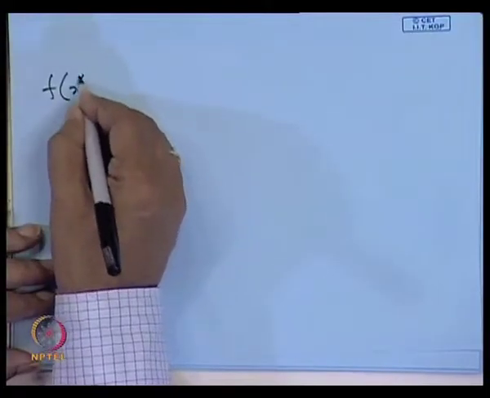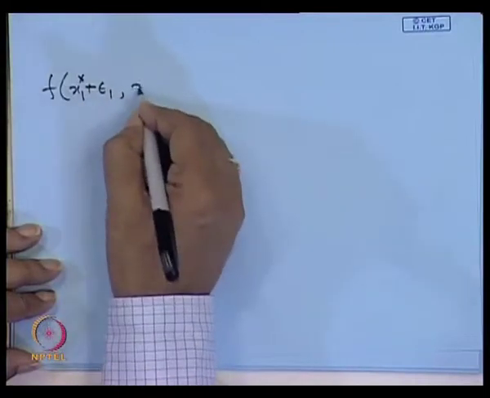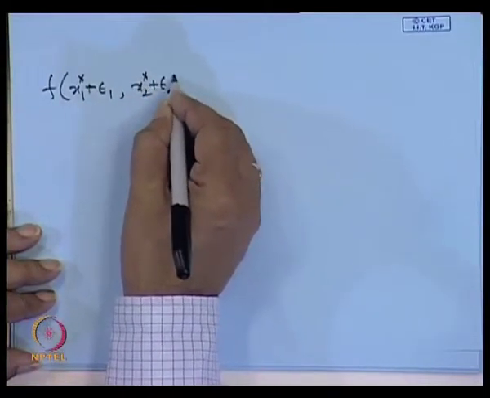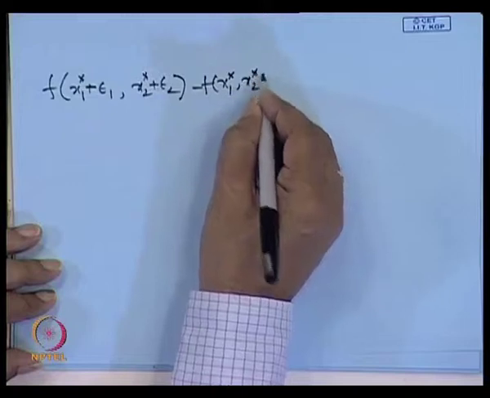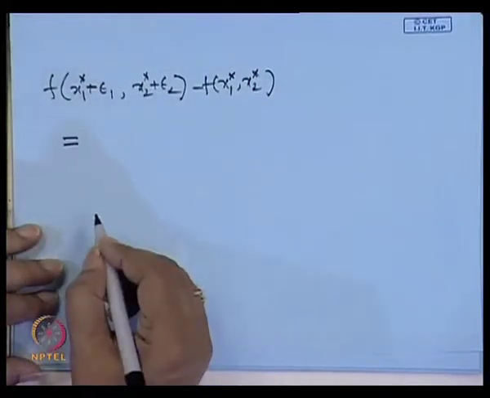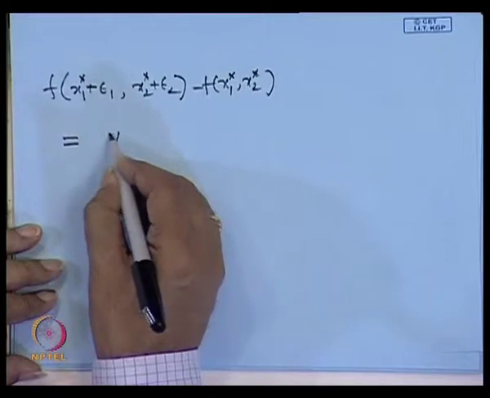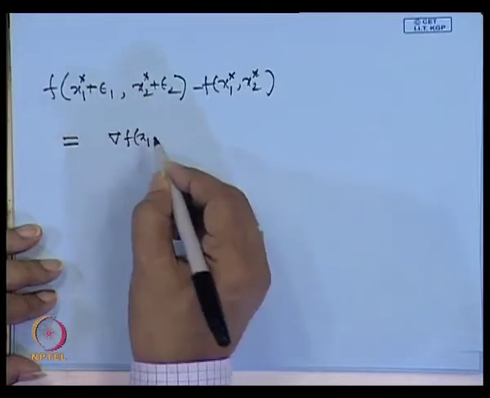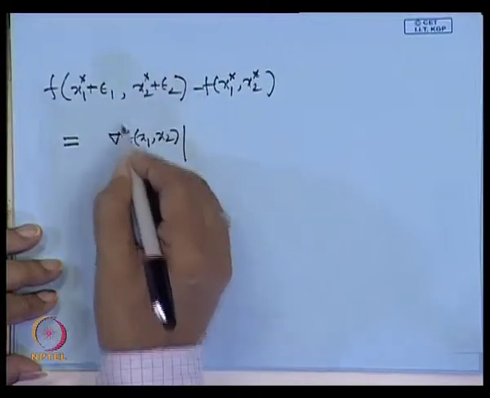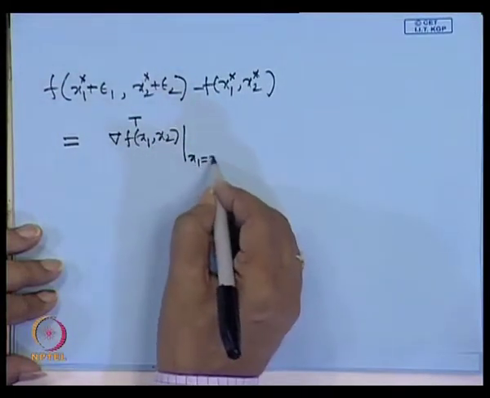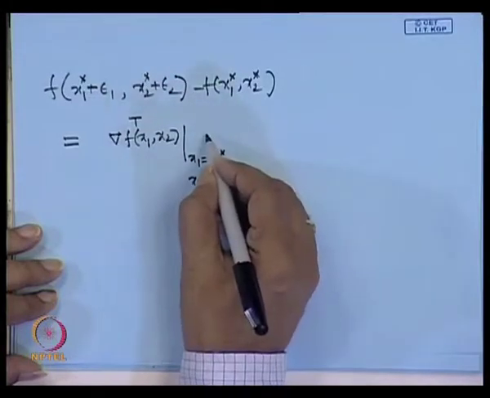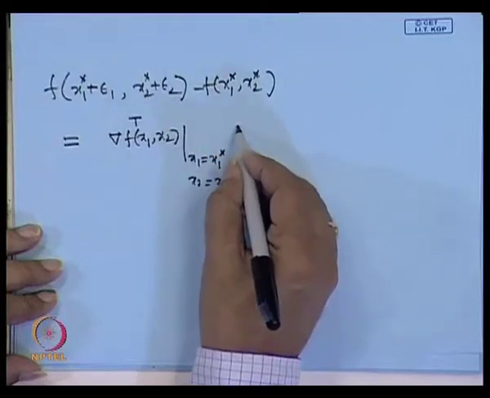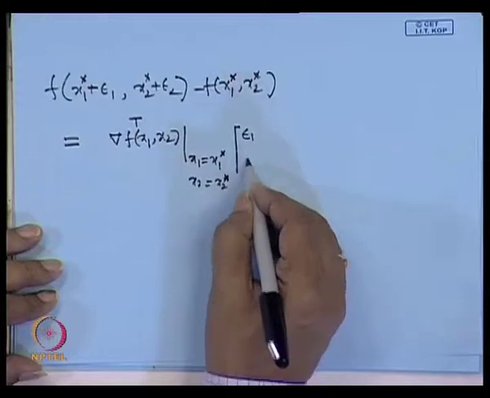And this I can write now into that form: f of x 1 star plus epsilon, x 2 star plus epsilon, minus f of x 1 star, x 2 star is equal to the gradient of f of x 1 x 2 transpose, at x 1 equal to x 1 star, x 2 equal to x 2 star, into epsilon 1 epsilon 2.